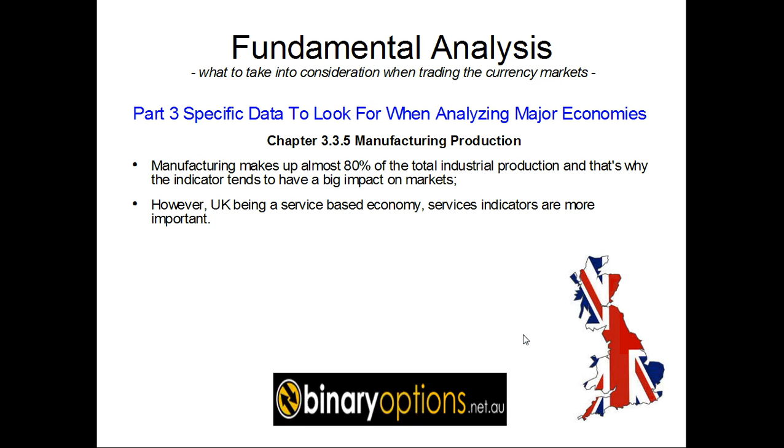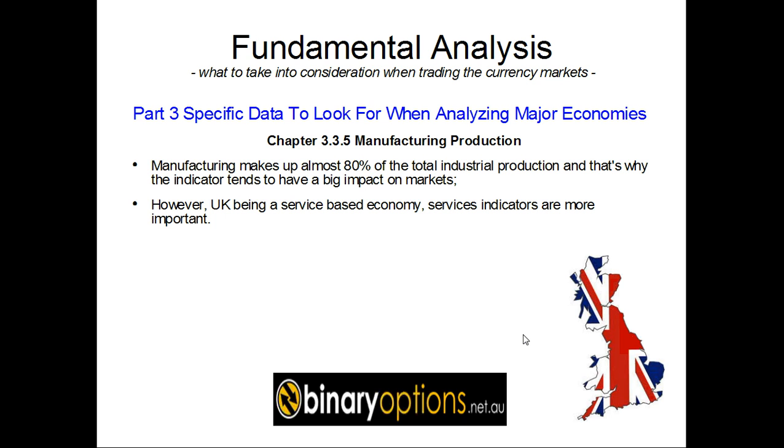The UK being a service-based economy, service indicators are more important than manufacturing ones, and sometimes the moves that you are seeing when manufacturing production or industrial production is being released are discounted when service indicators like services PMI come and hit the market.